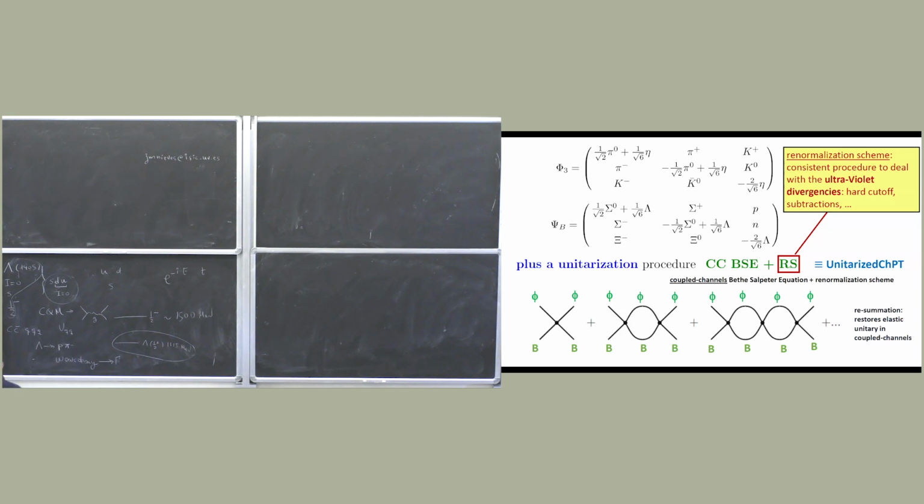Okay, so if the particle is not stable, what happens is that the energy becomes complex in principle. And why does the energy become complex? Can anyone tell me why?